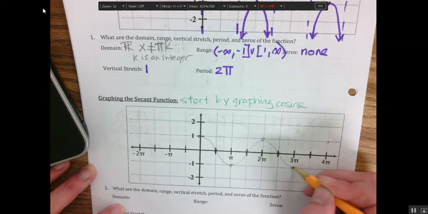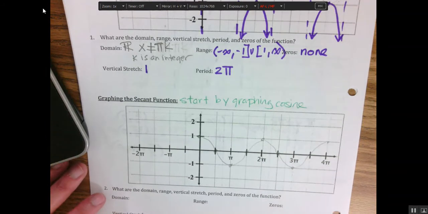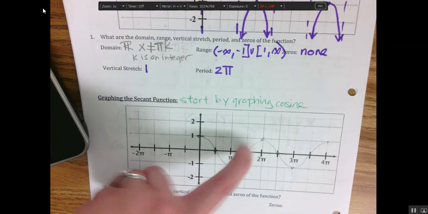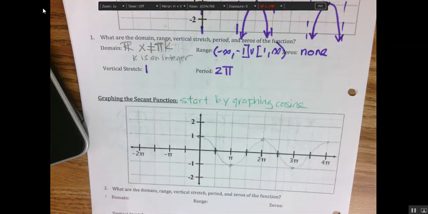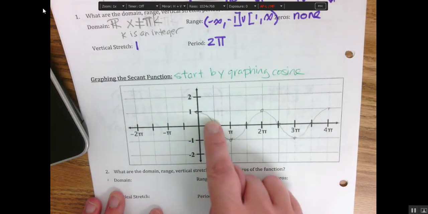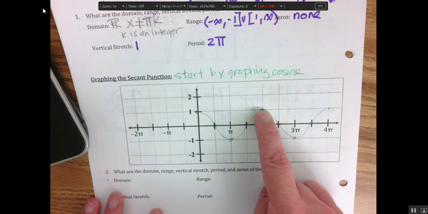See if your neighbor needs any help graphing cosine. Cosine starts up, middle, down, middle, up, and then continue. We're going to look at more than one period this way. It's light on purpose, but here's where it goes.